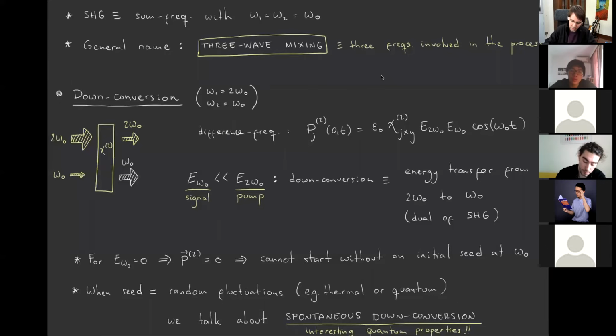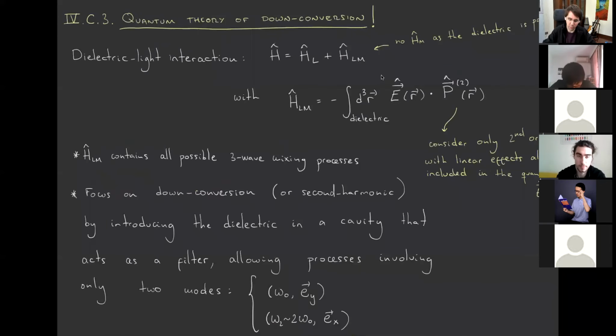In order to develop the quantum theory, what we did was very simple. We took our definition of light-matter interaction within the dipole approximation, in which the interaction is nothing but the multiplication of the electric field and the polarization field.